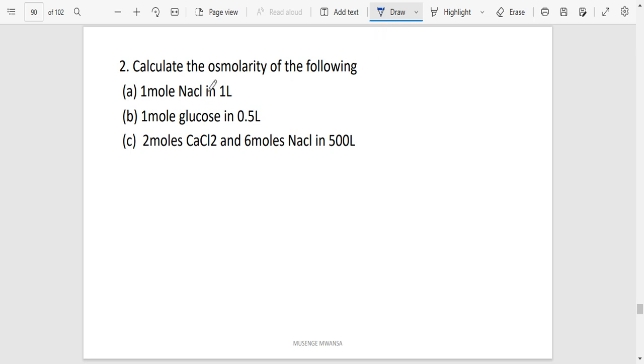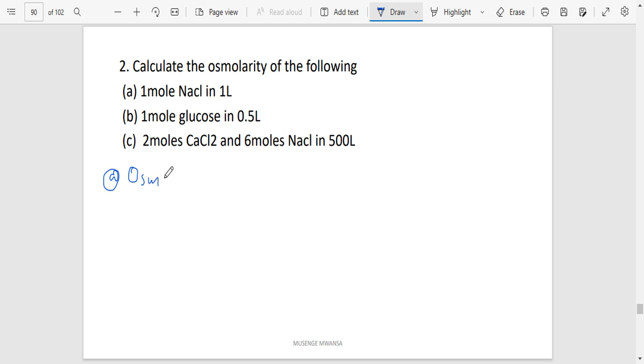Let's consider this one. Calculate the osmolarity of the following. We want to calculate the osmolarity of 1 mole of sodium chloride in 1 liter. So for the first one, let me first calculate the number of osmoles before I calculate the osmolarity.